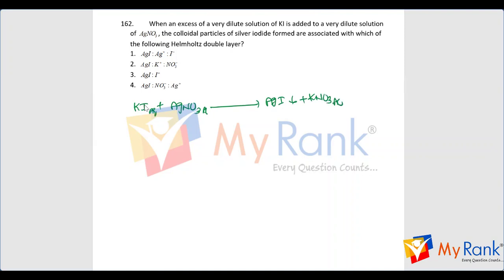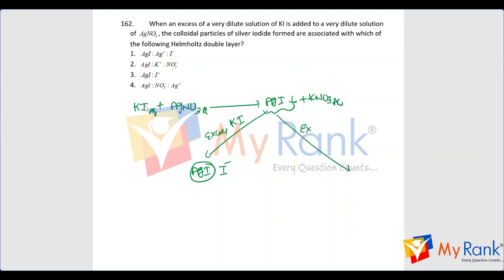Now from this AgI precipitate, either Ag plus will be accumulated on it or I minus will be accumulated. As excess KI is taken, I minus will be accumulated.